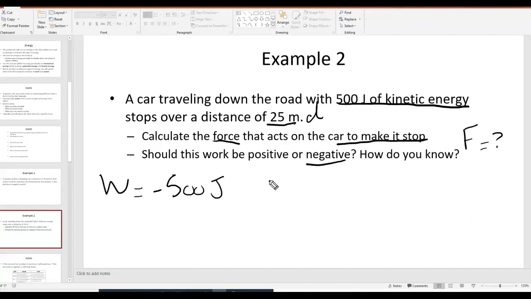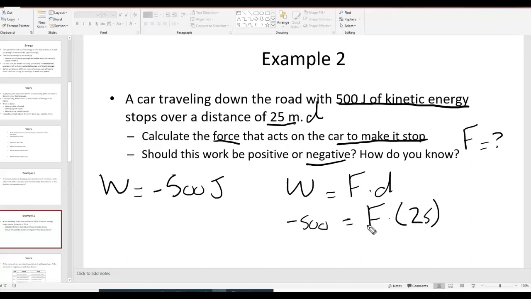Now, as long as you can figure that out, then all you have to do is use the equation for work to find the force. Negative 500. We leave F in the equation because that's the unknown. D, the distance, is 25 meters. Because 25 is multiplying F, I want to undo that multiplication, so I'm going to divide both sides by 25.